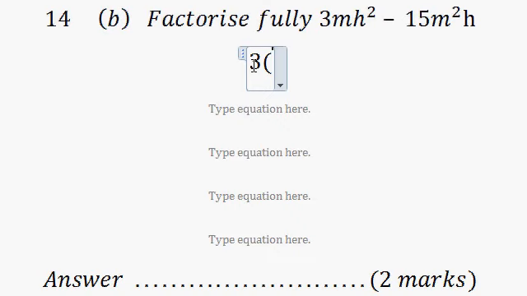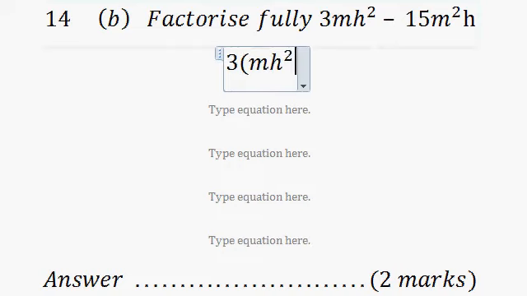Now this is saying 3 multiplied by something and something else, which I'll do in a second. So I have to find 3 times what will give me 3mh squared. In other words, 3mh squared divided by 3. And we said that 3 divided by 3 is 1, so this would give me 1mh squared. You don't need to say 1mh squared, you can just say mh squared. And you can check that that's correct, because if you multiplied 3 by mh squared, you would get 3mh squared.